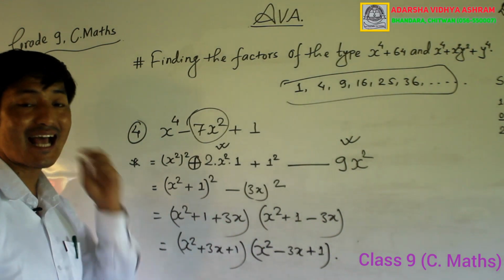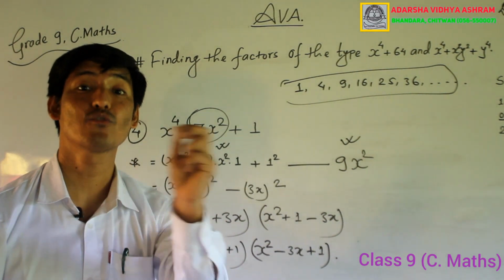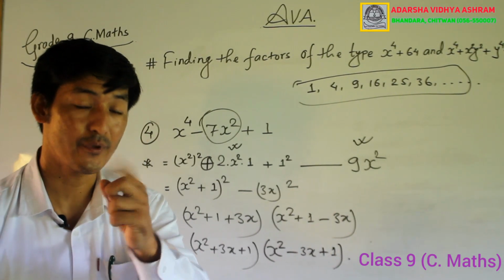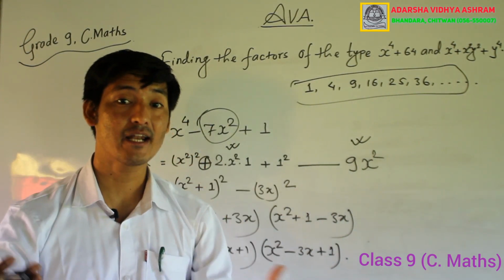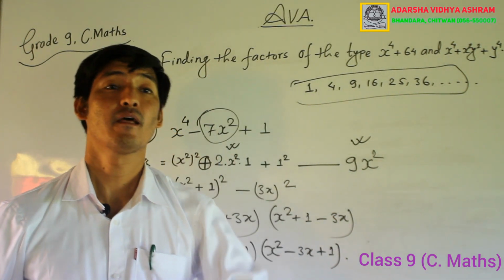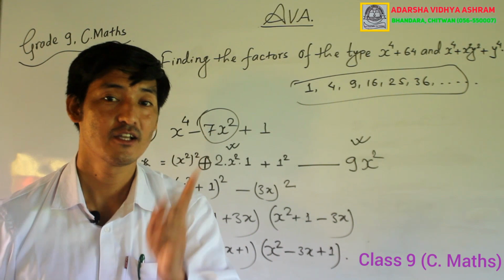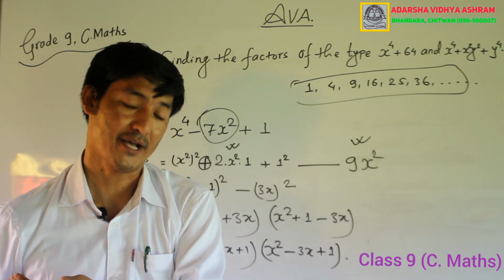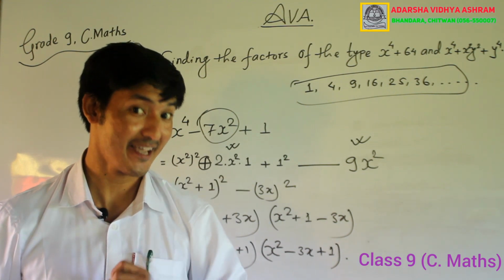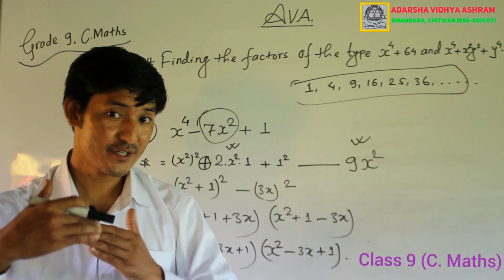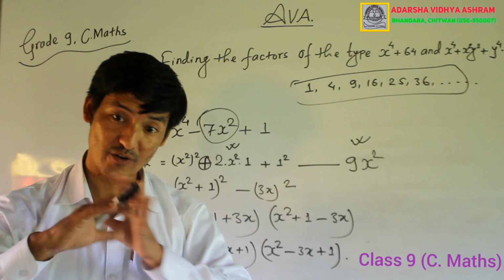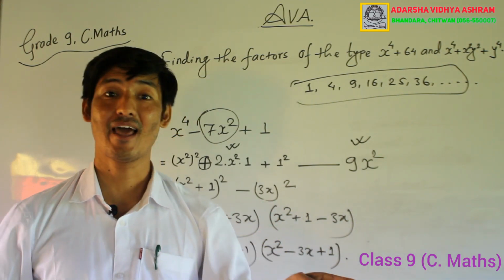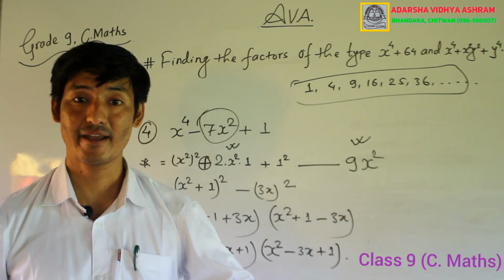In class 9 we are given only factorization, only one topic, but in class 10 again we will learn, not factorization, but find the HCF and LCM. My students, I have taught you in class 8 also. What is our course nature? In class 8 we learn all parts of factorization, as well as how to find the HCF and LCM.